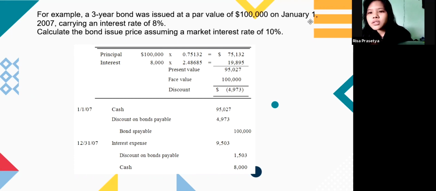The discount is face value minus present value. The total is 4,973.